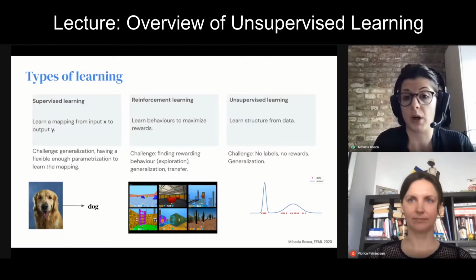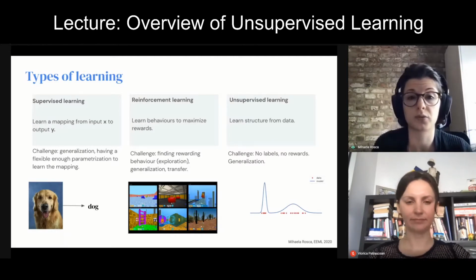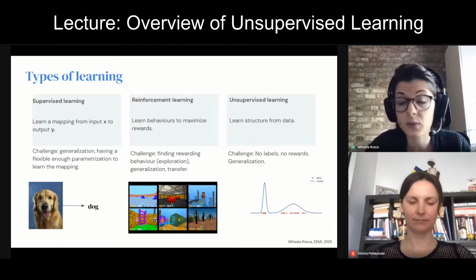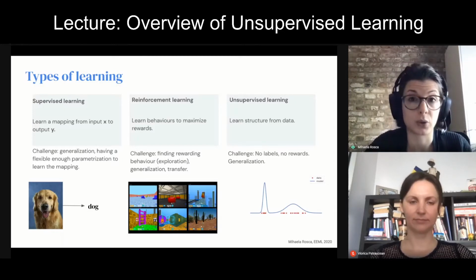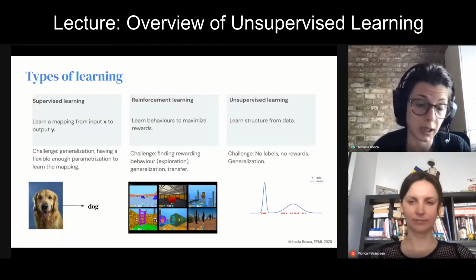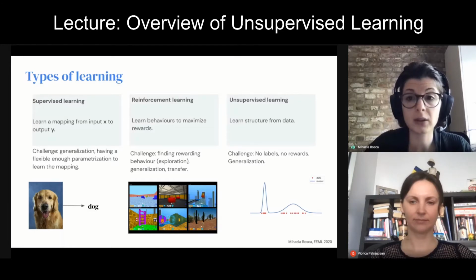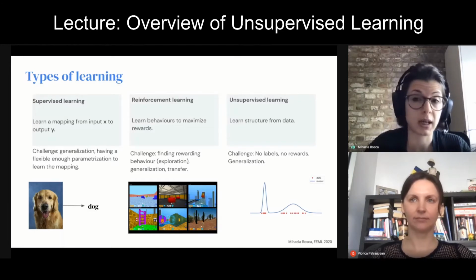So this is one challenge, but there's also, again, the challenge of generalization. How are we going to act in unseen states, for example? How are we going to transfer between environments? There's a lot of challenges with reinforcement learning, as you've seen, and you'll see in some amazing lectures through the school.